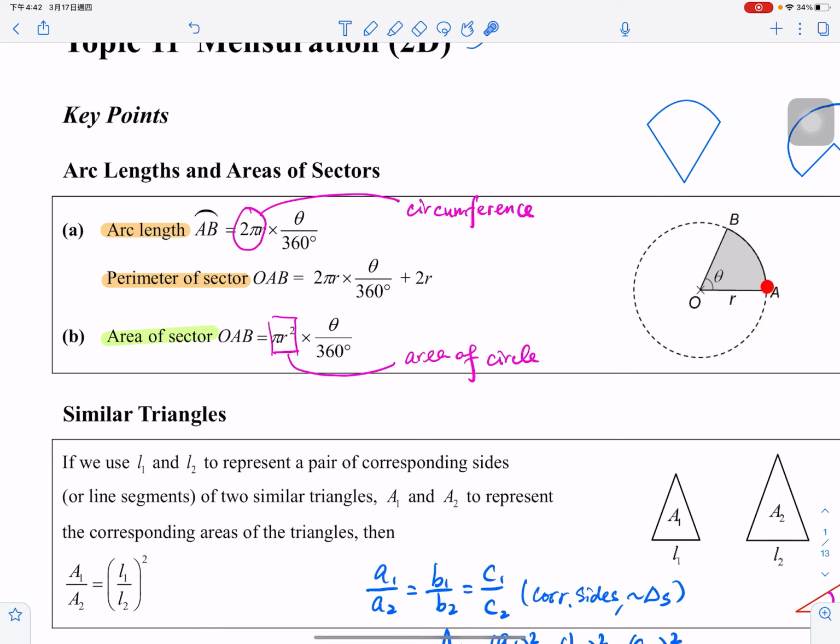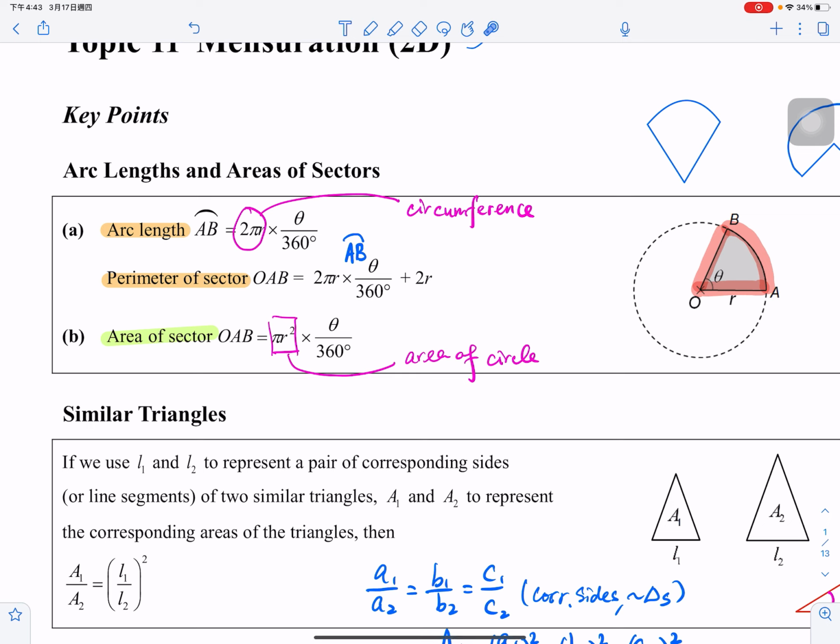Then arc AB is a fraction of the circumference, so take theta over 360, then you can find the arc length. As a result, the perimeter of a sector OAB, besides the arc AB, you still have 2 radii. So the perimeter of a sector is the arc AB plus 2 radii.